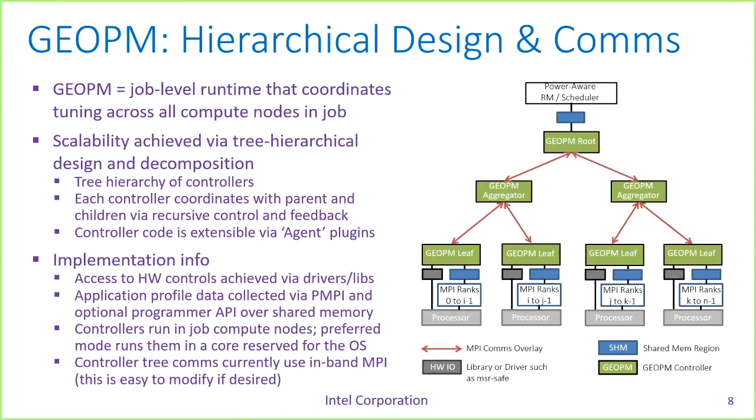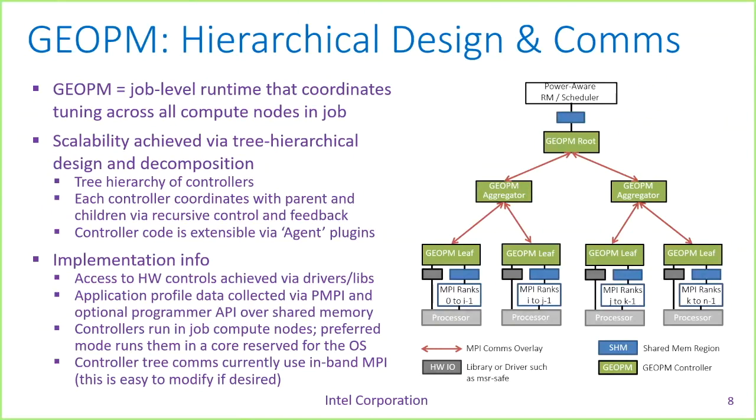And so we don't do that. We don't use a centralized design. Instead, we adopt a more scalable tree hierarchical design and decompose the global tuning problem hierarchically. We literally have a tree hierarchy of controllers in GEOPM, which we map these hierarchical subproblems to.